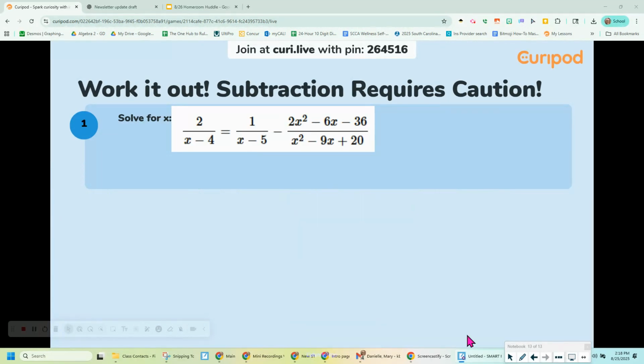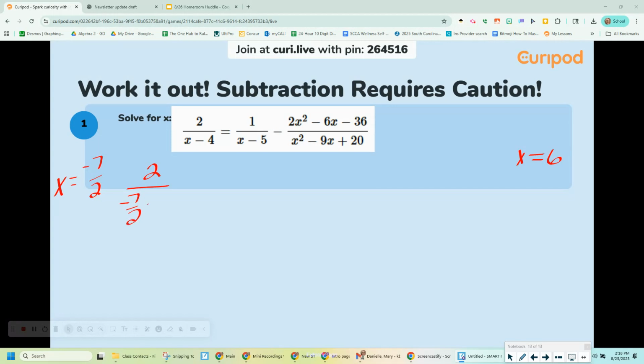So let's check for extraneous solutions. I'm going to substitute my answers, negative 7 over 2 and also x equal to 6. So I need to do two checks here. If x is equal to negative 7 over 2, I'm going to substitute that in.